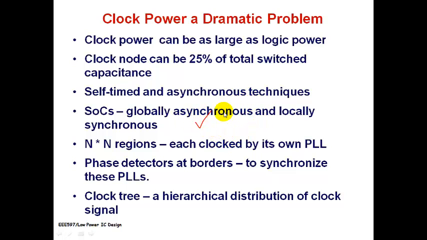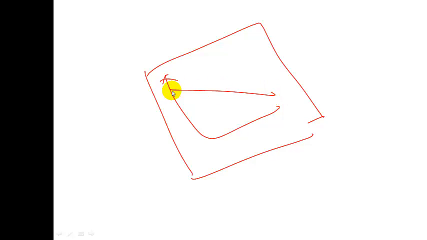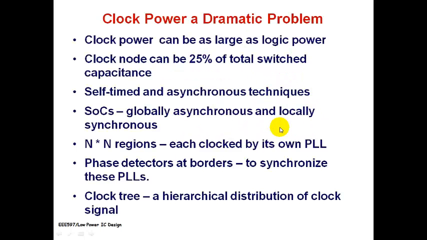The next one would be a very good point. What we are really following in SoC, system on chip design, is globally asynchronous and locally synchronous. What is our actual problem? My area of chip is very long and I have one clock generated here. The reason why I need to travel all the way to reach all those places makes me suffer from the particular skew and all that.